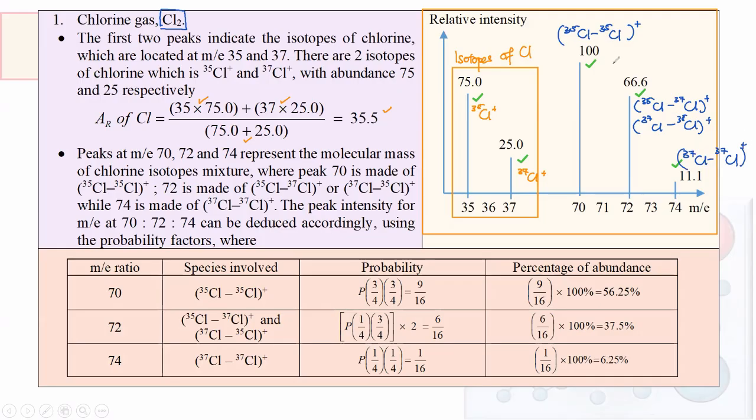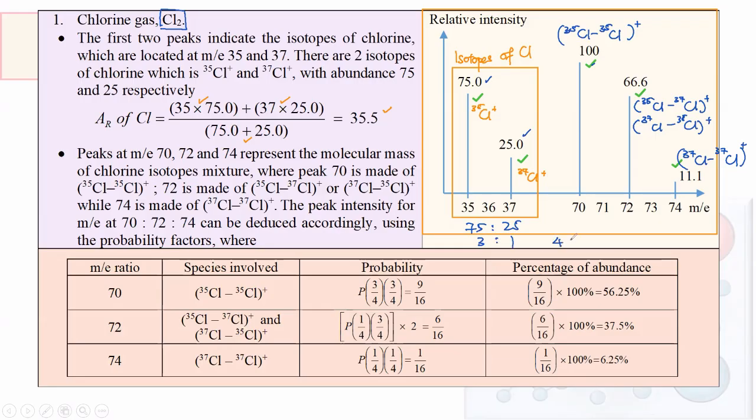So how do you get the values of 66.6 and 11.1 in their respective percentage of abundance? For this, you have to play a little bit with probability. Let's start from the ratio of 35 to 37. Since the ratio of 35 to 37 chlorine is 75 to 25, the simplest ratio is actually 3 to 1. What does it mean?